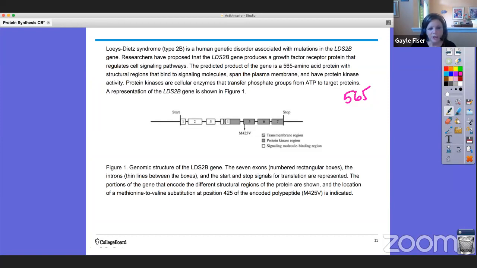The portions of the gene that encode the different structural regions of the protein are shown, and the location of a methionine to valine substitution at position 425 of the encoded polypeptide, M425V, is indicated. So there's going to be a change, okay? We're going from methionine, remember this because when I turn the page, methionine to valine.